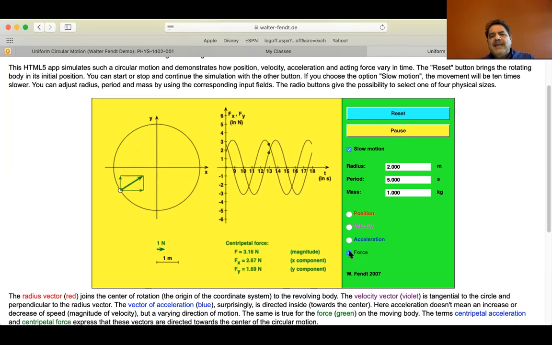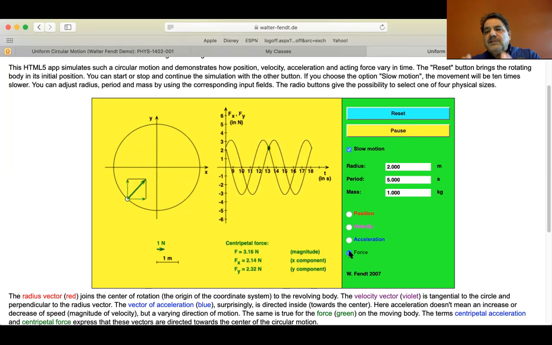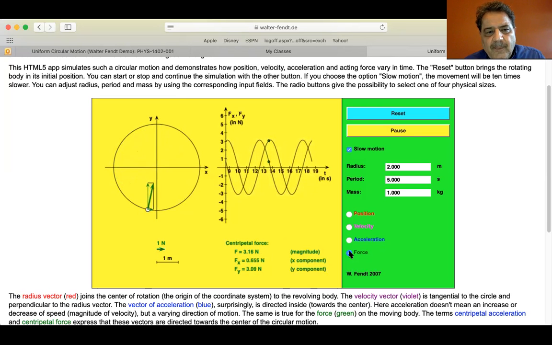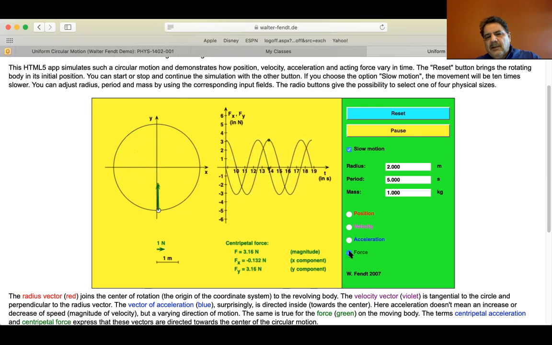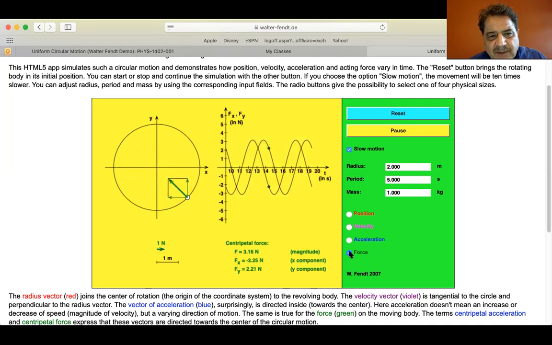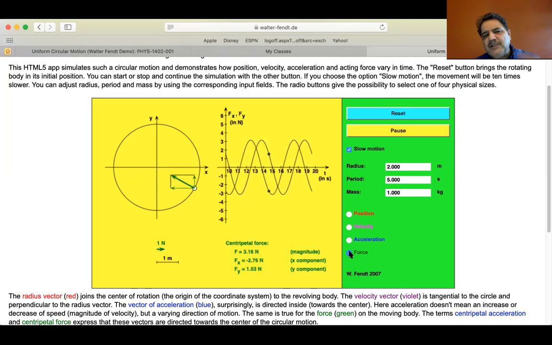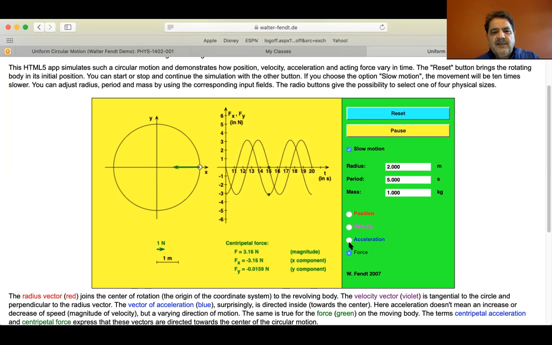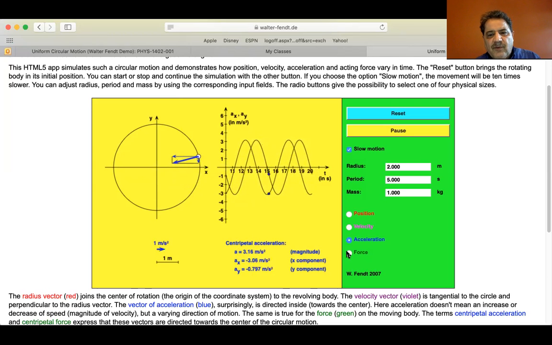Remember, force equals mass times acceleration. Since mass is just a scalar, a scalar times a vector gives you a vector scaled, but in the same direction. So force is equal to mass times acceleration. The force is in the same direction as the acceleration, as shown here.